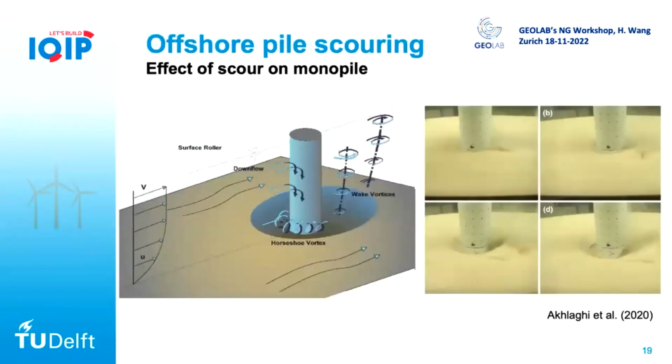So the next topic will be about the scour of the monopile, because the monopile foundation will sit there for like 20 or 30 years, and because of the pile foundation, you certainly change the flow at the seabed, and there will be scour happening. I think Yannis already showed you some examples.